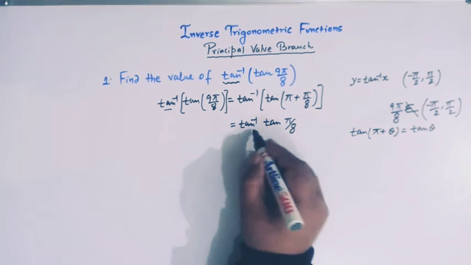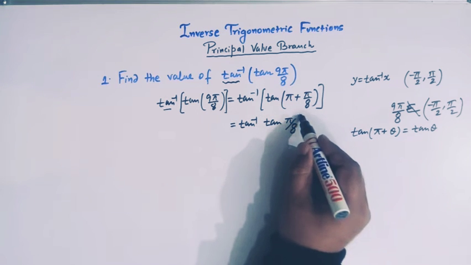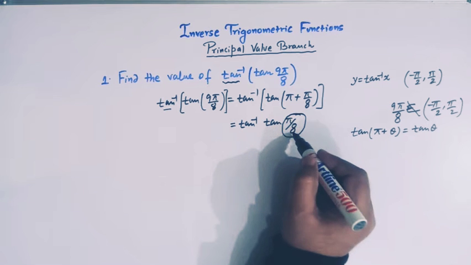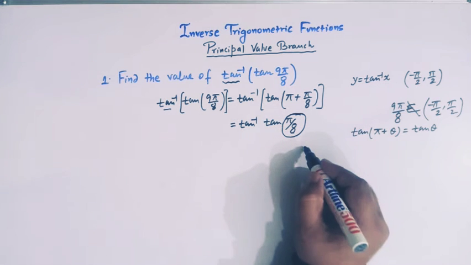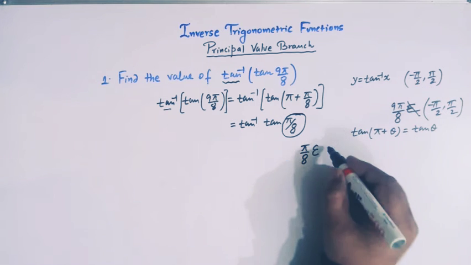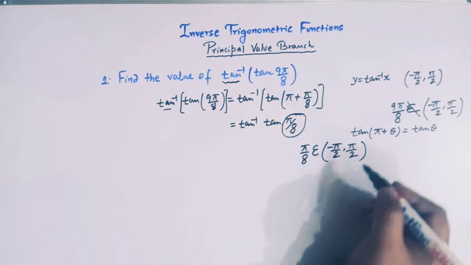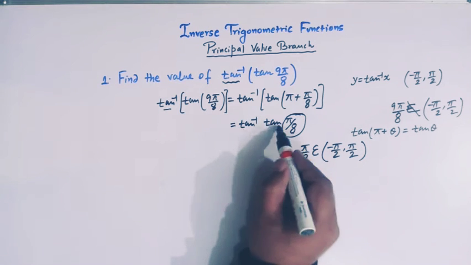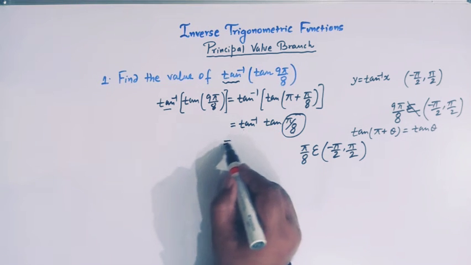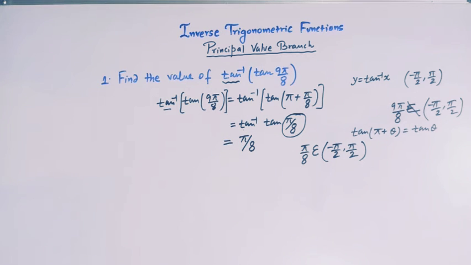So now we have tan inverse tan pi by 8, and this pi by 8 lies in the open interval minus pi by 2 to pi by 2. So we can directly cancel it out, and the value is pi by 8.